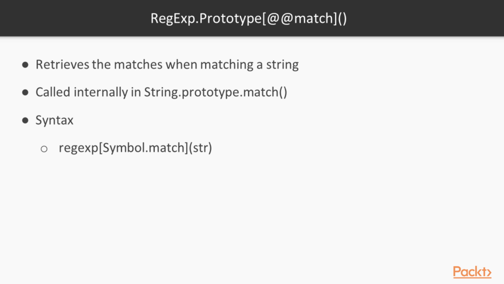But you will be able to make use of this @match method directly on a regEx object also. The syntax is the regular expression object, and then you use this as one of the key properties on the regular expression, but with a symbol syntax. So you will have to say Symbol.match and then pass the string. It is going to return all the matches that are there.